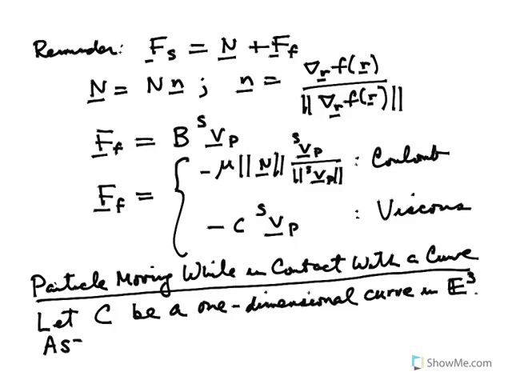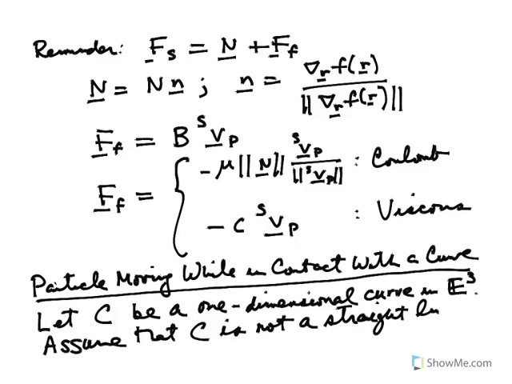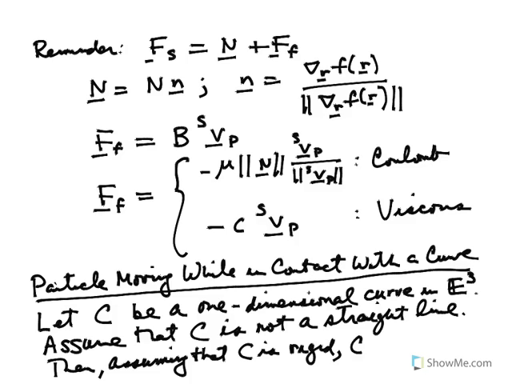And assume that C is not a straight line, as if it's a straight line, things degenerate, and that exception has to be handled separately. It's not hard to handle, but it has to be handled a little differently. So then, under these assumptions, assuming that C is rigid, C is a reference frame.